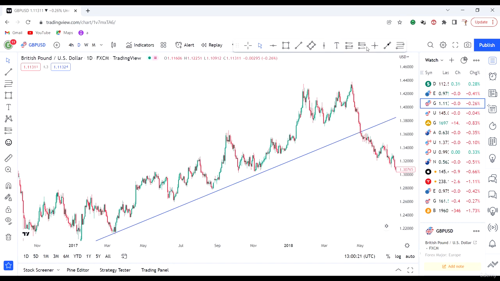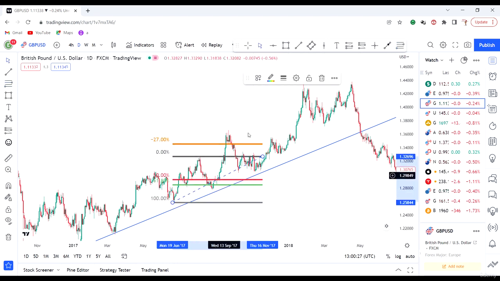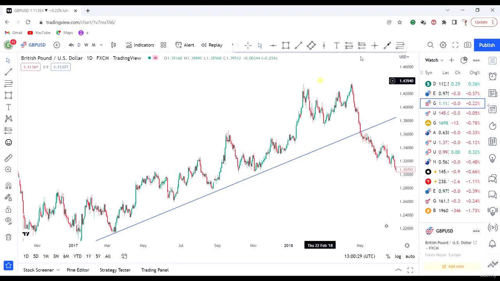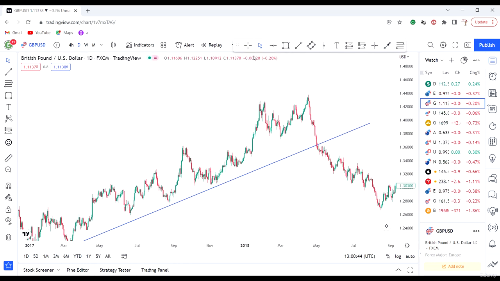Let's assume this is point A and this is point B. What happened? Came to 61 and continued buying. So the market always retraces to a Fibonacci level. So you see, it came from point A to point B, hit point B, then retraced to 61% and continued buying. So all you need to do is to just get a trend and identify the trend properly, and the Fibonacci level will continue being in your favor.